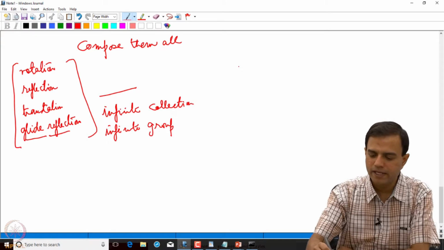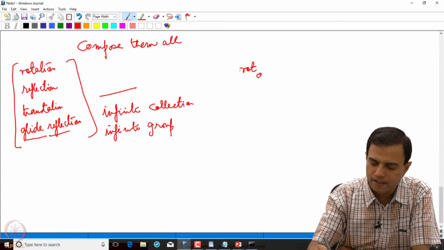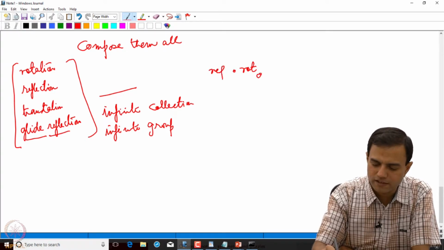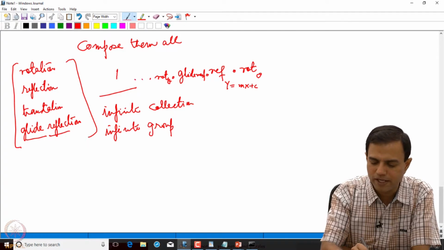Say for example, I can rotate by certain angle, say theta, then I can compose by certain reflection by certain line, and then I can do certain glide reflection, and then I can rotate again. I can make life more complicated.